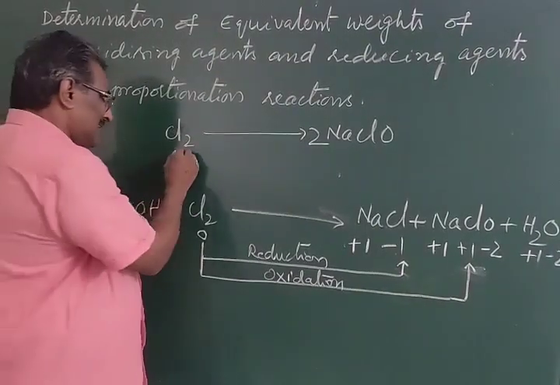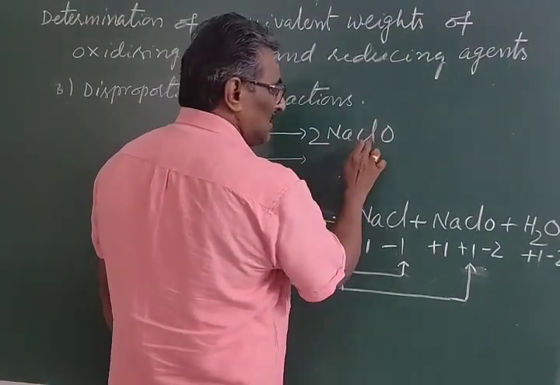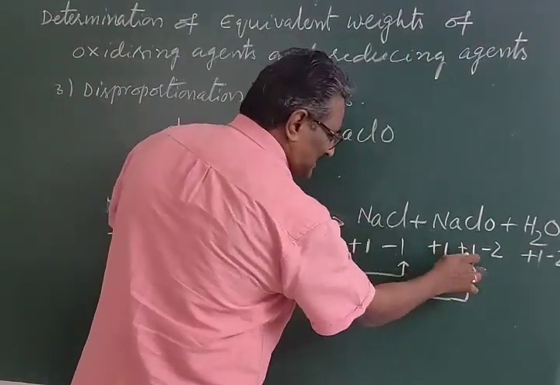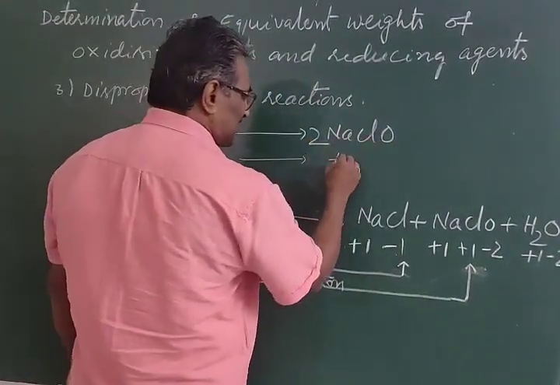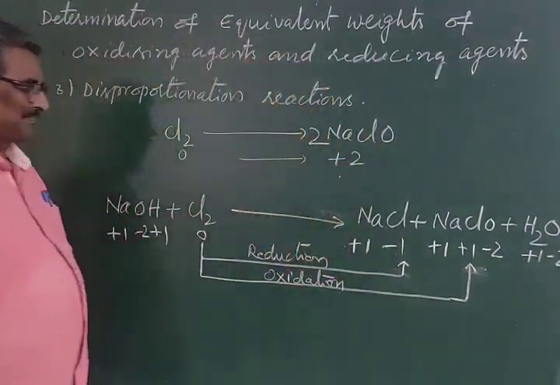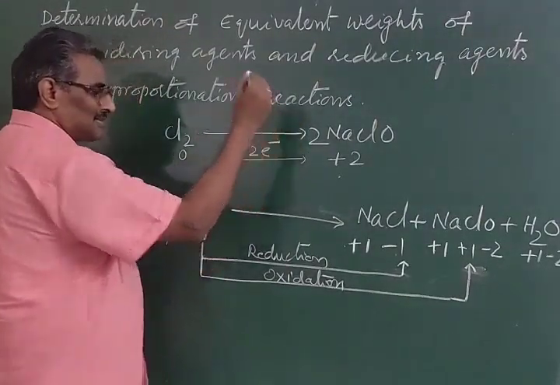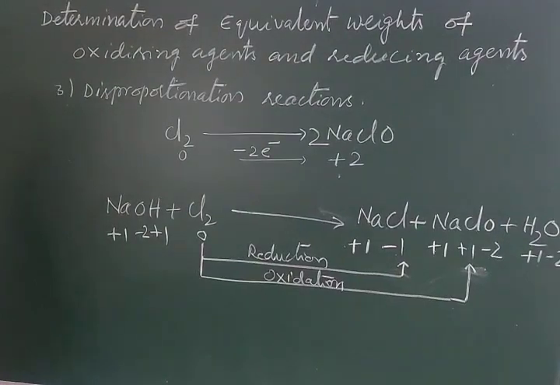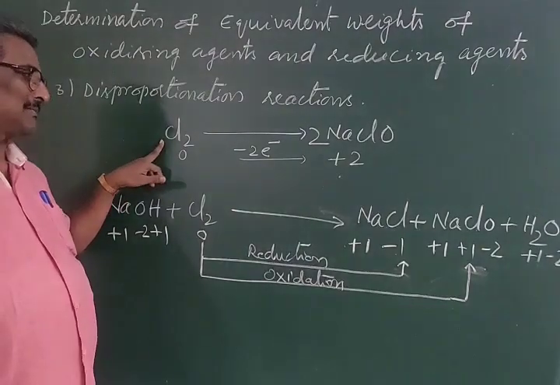Here, 0 is changing to the oxidation state of Cl. What is the oxidation state of Cl? Plus 1. There are 2 chlorines, so plus 2. This happens by the loss of 2 electrons. 0 changes to plus 1, and there are 2 chlorine atoms in the molecule.